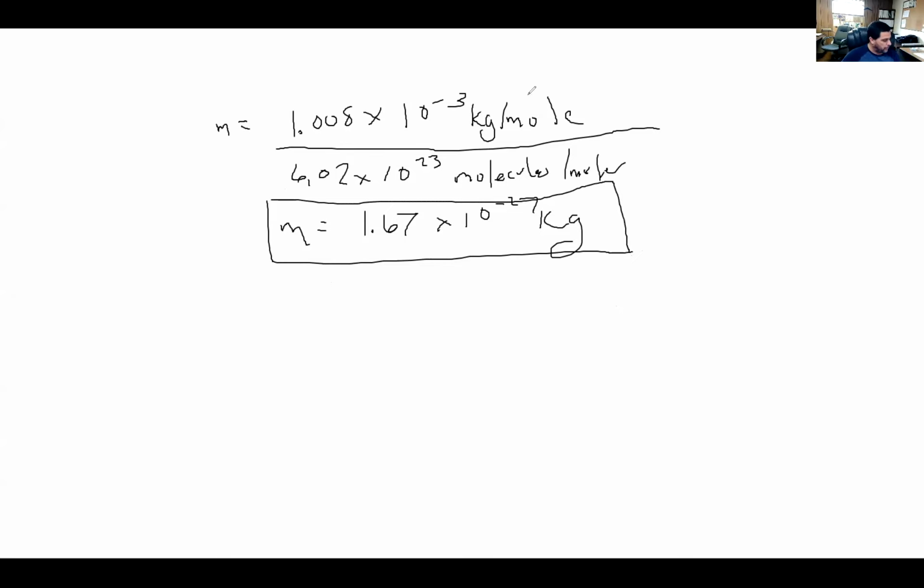So how many molecules in one breath? We know from STP, 1 mole is 22.4 liters, right?